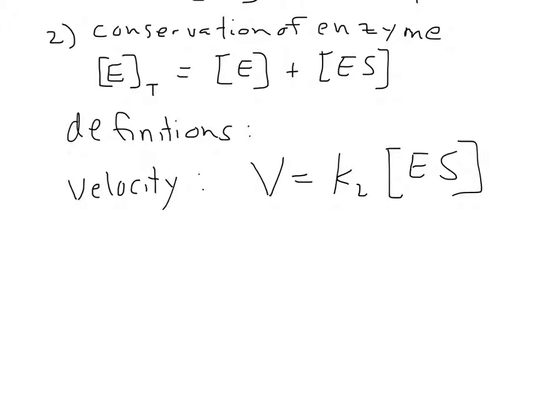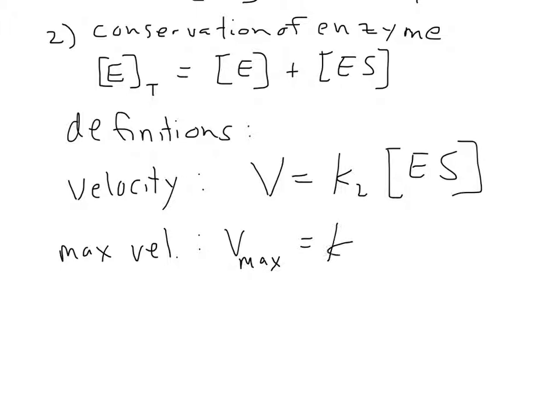Now, the maximum velocity we call Vmax. If you think about it, that would be if the concentration of the enzyme complex here was equal to the total, right? So the maximum the complex concentration can have is the total concentration.